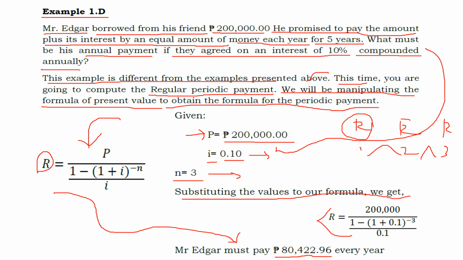Regular payment here up to the last, the fifth year. So we can compute for the value of your R even if we consider 1, 2, and 3 as the value of your n here.